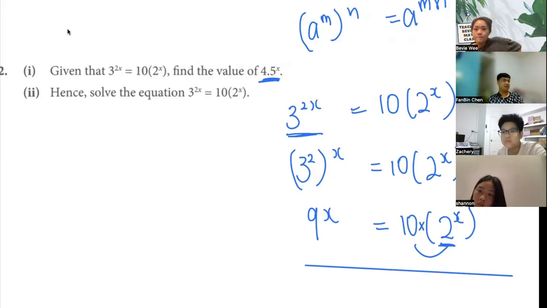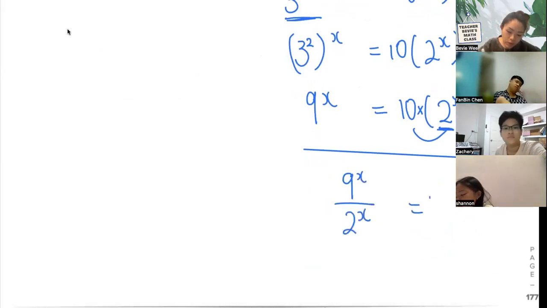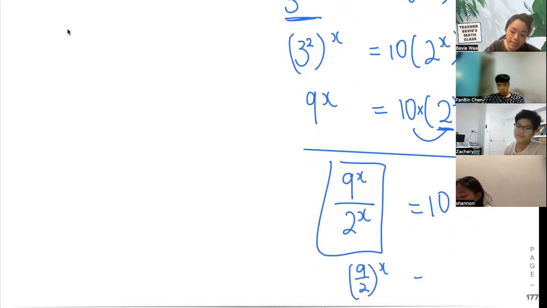Move the 2 to the power of x to the other side. Correct. Very good. So I'll just shift this. 9x over 2x equals to 10. Is this one of your law of indices? Yes. Correct or not? It gives me 9 over 2 to the power of x. They are both sharing the same power.